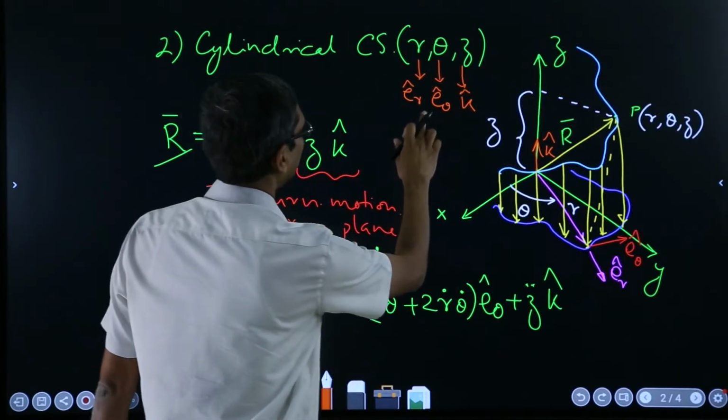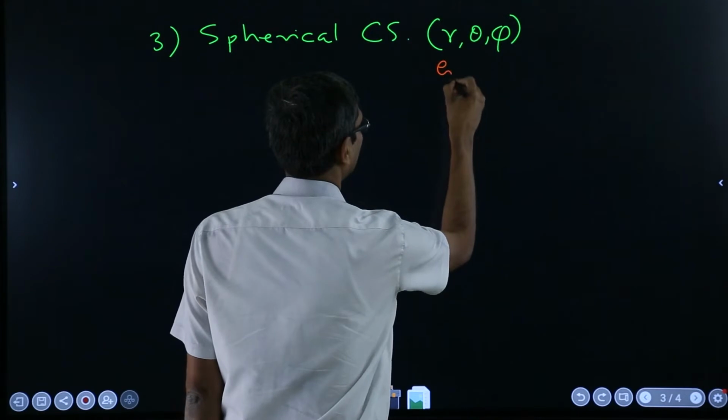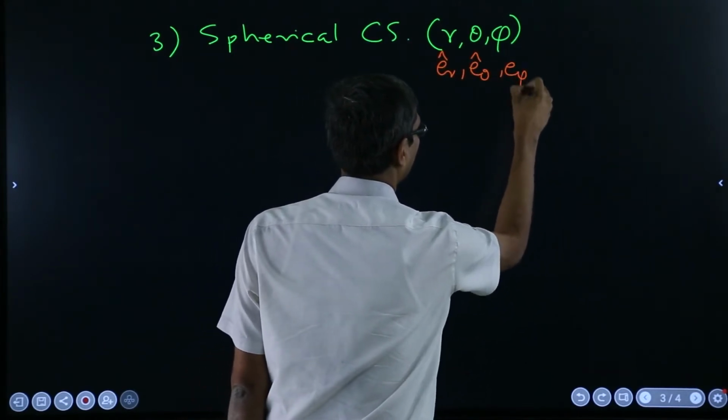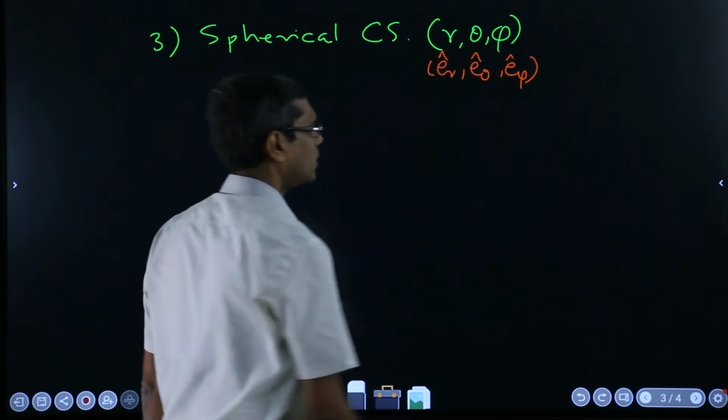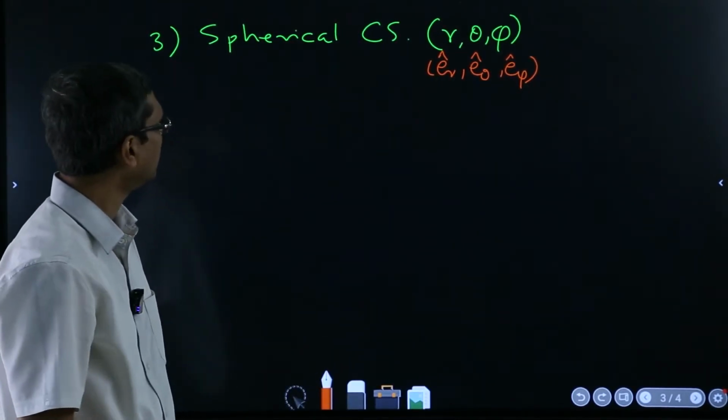Similarly in cylindrical we have e_r, e_theta, k, and here we will have e_r, e_theta and e_phi, the basis vectors, the unit vectors.